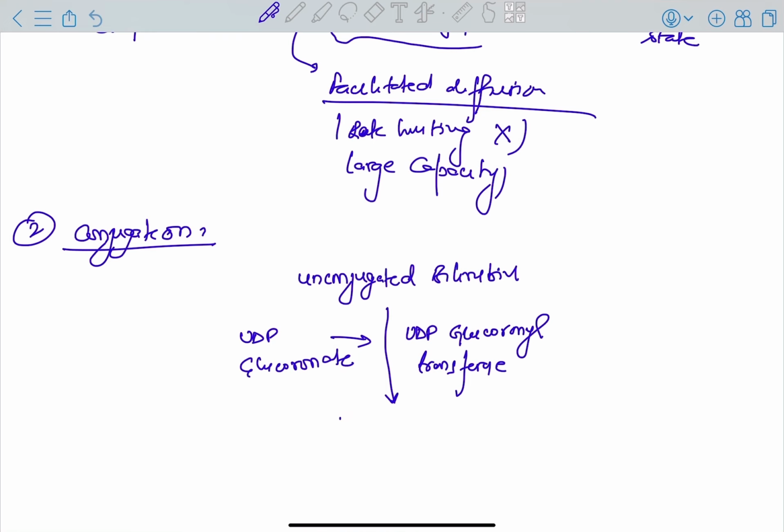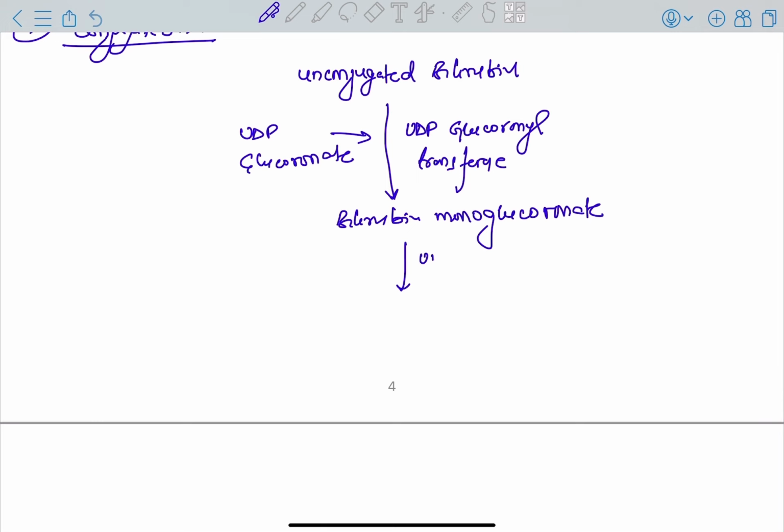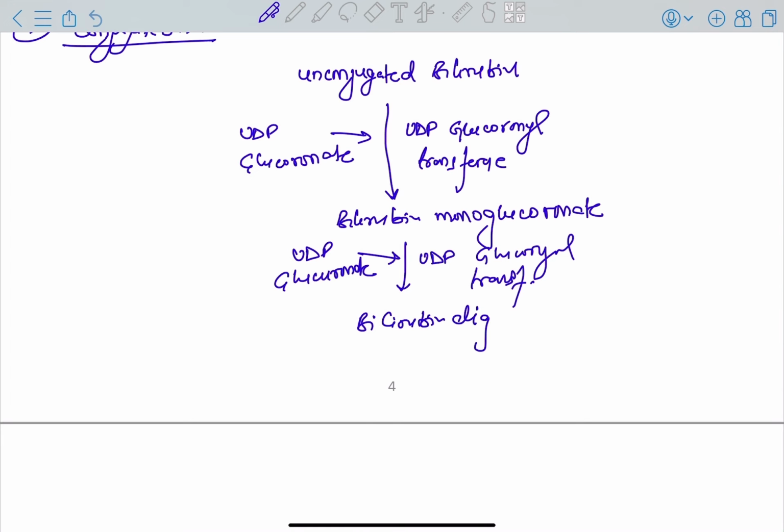UDP glucuronate converts it into bilirubin monoglucuronate, and again the same enzyme UDP glucuronyl transferase acts on it with another molecule of UDP glucuronate to form the conjugated bilirubin, the bilirubin diglucuronate.